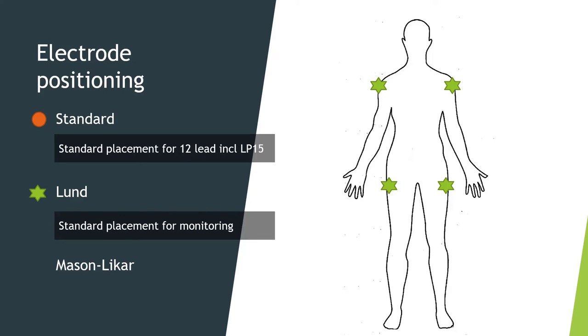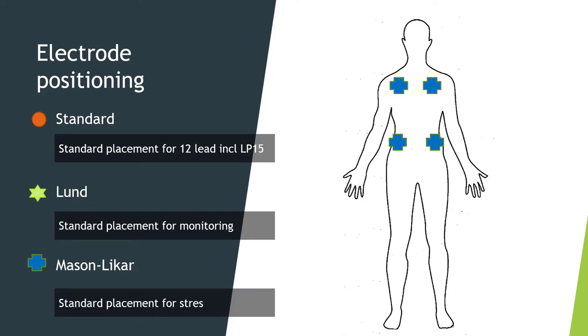There's another position which is sometimes favored by paramedics, and it's known as the Mason-Likar positioning. The positioning for these electrodes is even more central than what it is for the Lund. Now, this position was developed mostly for stress testing, and it's there to reduce artifact.